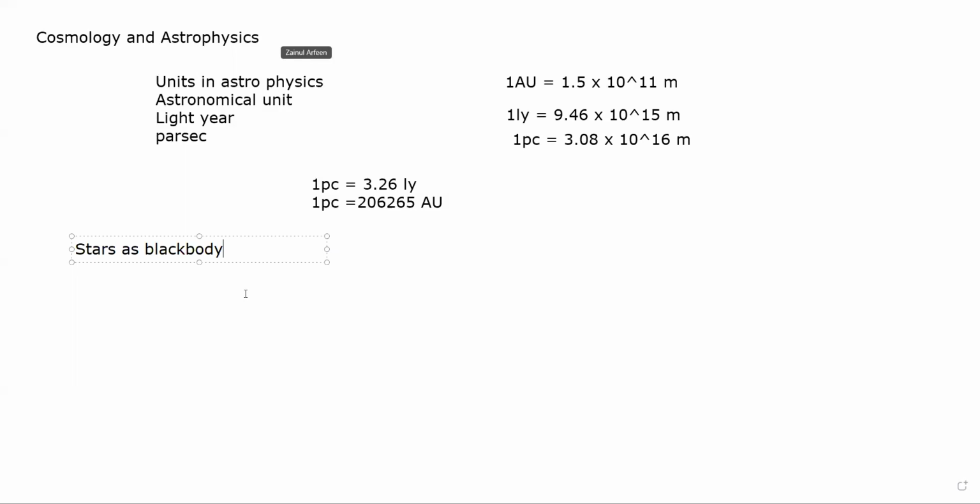So there are two laws. One is the Stefan-Boltzmann law, and another one is Wien's displacement law. Basically, the term black body means a body which can absorb all the radiation that falls on it and can release those radiation. We call that a black body.